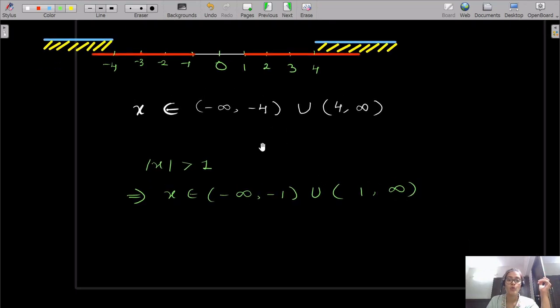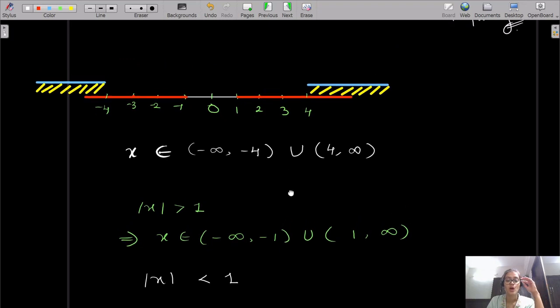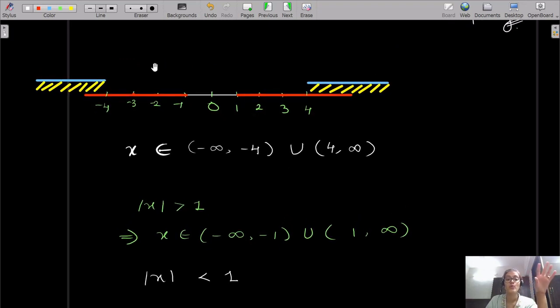Now what about if you have absolute value of x is less than 1? So now you want all those numbers whose distances from 0 is less than 1. So that means now you want these numbers.